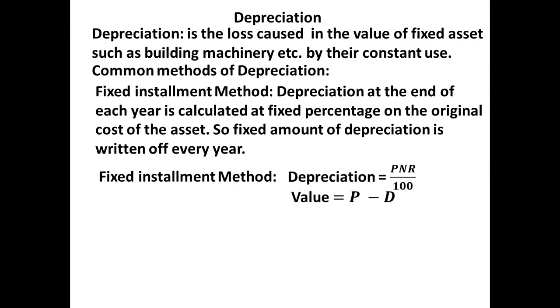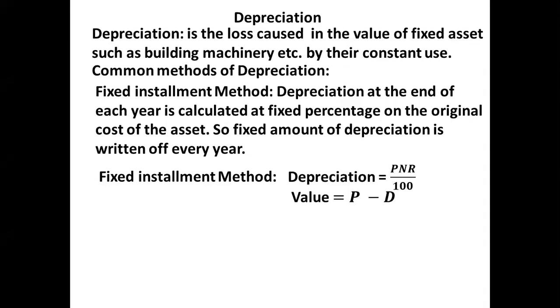Whatever equation you already studied, you slightly modify it. P is the purchase value or original cost of the asset, N is the number of years the asset is used, R is the rate of depreciation, and the value after a certain period is the final value.